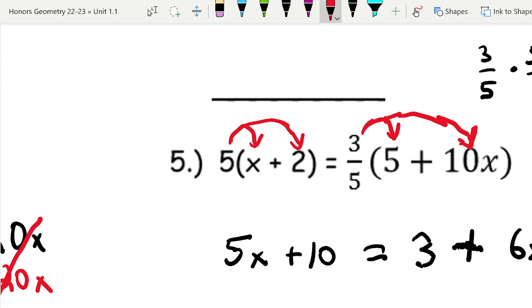Subtract 5x, and we get 10 equal to 3 plus x.